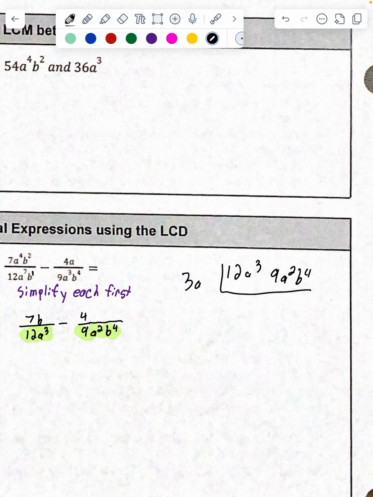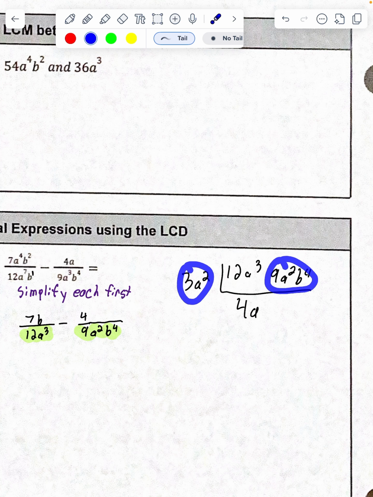And then there's an a squared in both of those. And there's no b, so that's fine. If I take out a 3a squared out of this, I am just left with 4a. If I take a 3a squared out of 9a squared b to the 4th, I am going to be left with just 3b to the 4th.